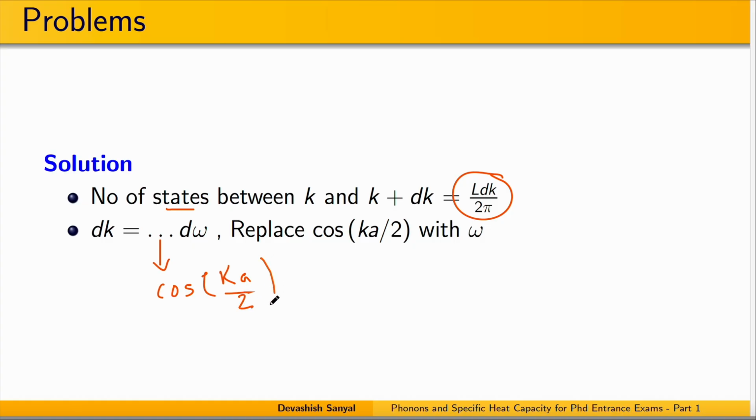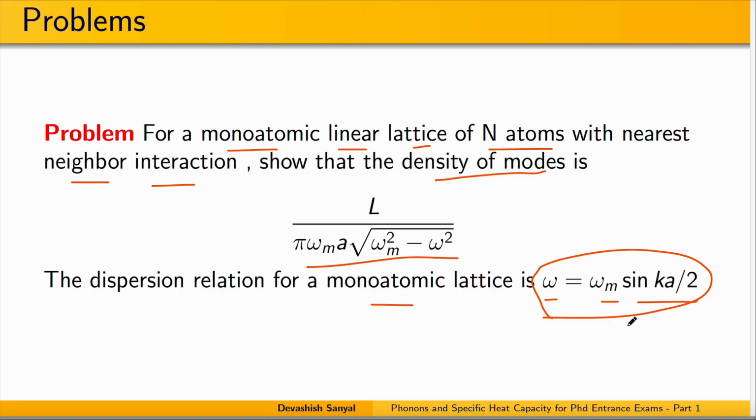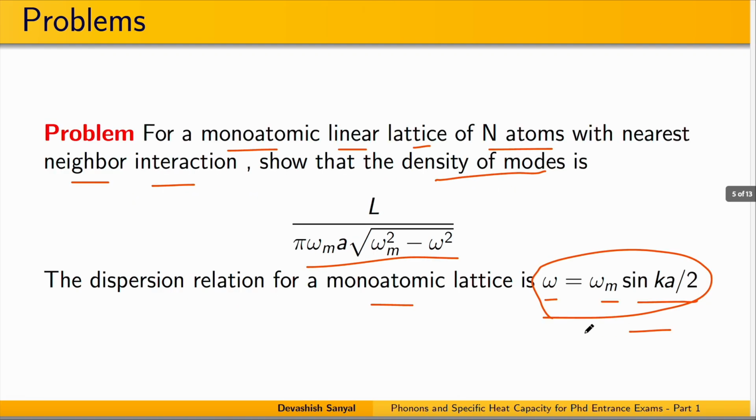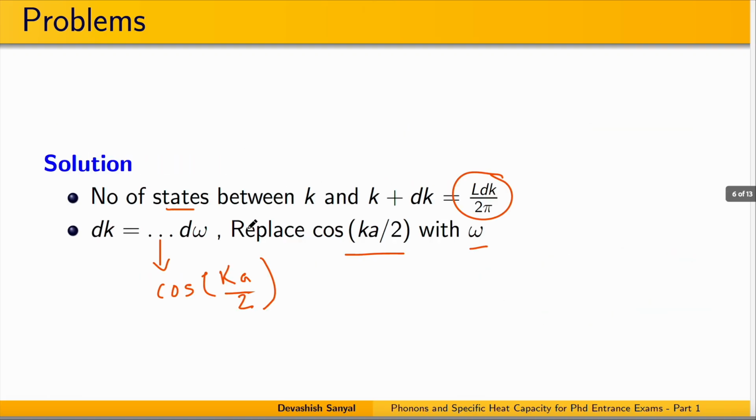This thing will be there. So we have to replace cos ka by 2, which is in terms of k, and write it in terms of omega using this expression. This is simple, and once you write it, you will get this expression, and that gives the density of modes. You just have to substitute dk in terms of omega, and you will get the result.